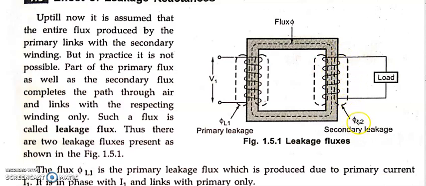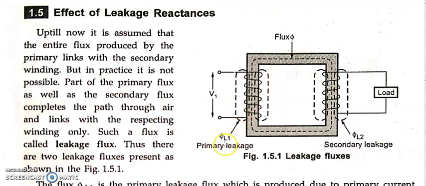That leakage flux is called phi L2, and due to this we get an induced EMF EL2. Now my main EMF, capital E2, should overcome this small EL2 so as to supply the load voltage V2. So EL1 is a drop as well as EL2. EL1 is the drop in the primary winding, whereas EL2 is a drop only in the secondary winding.